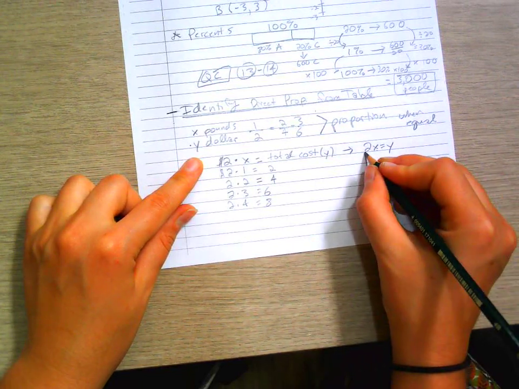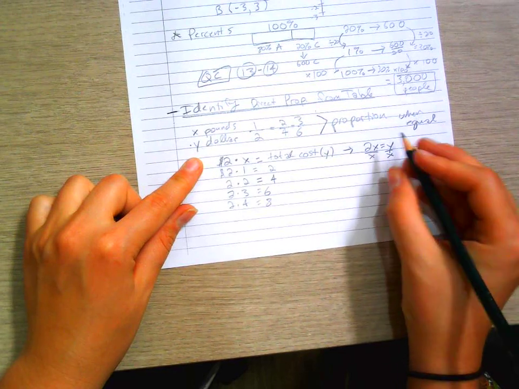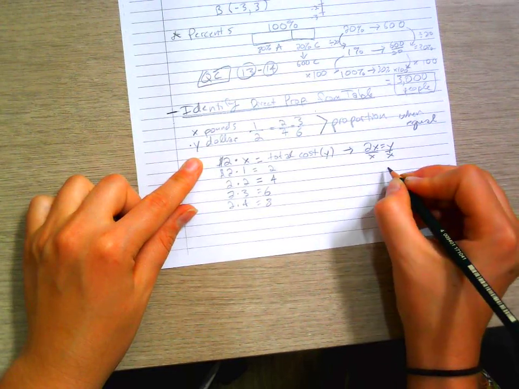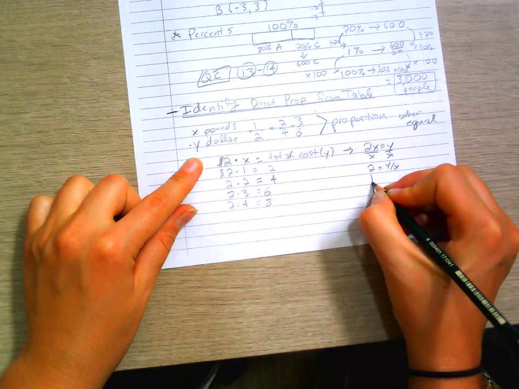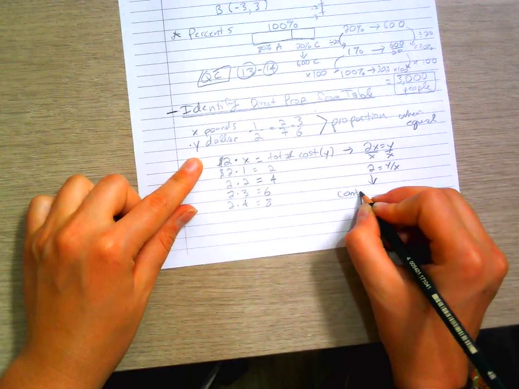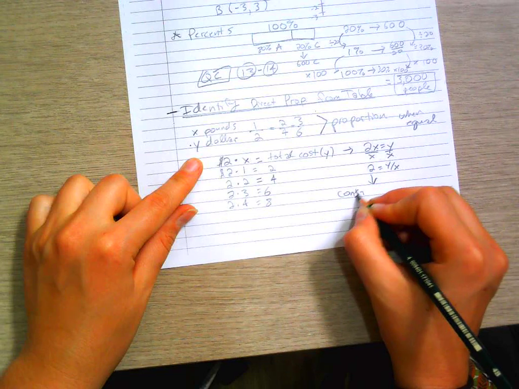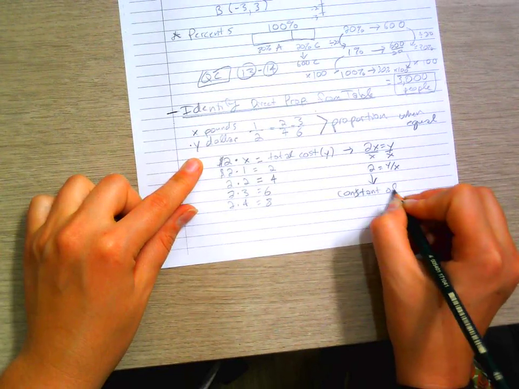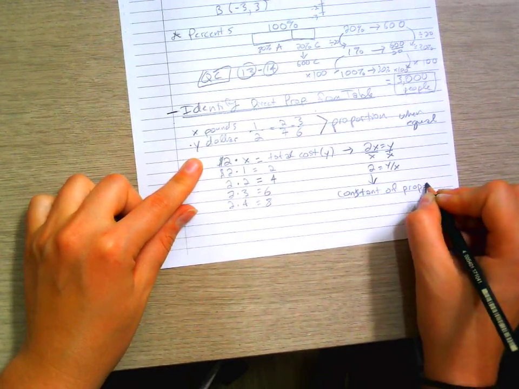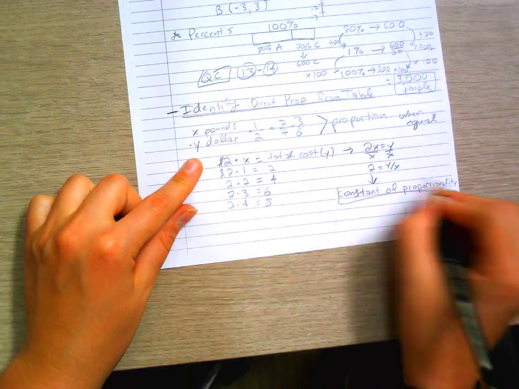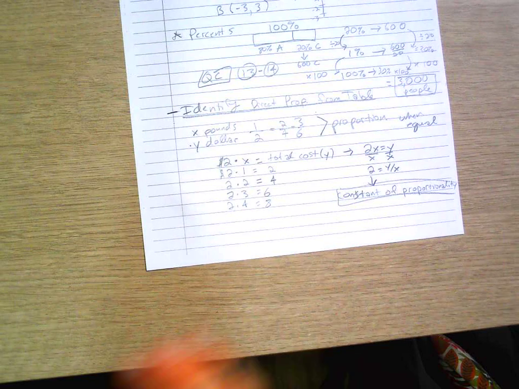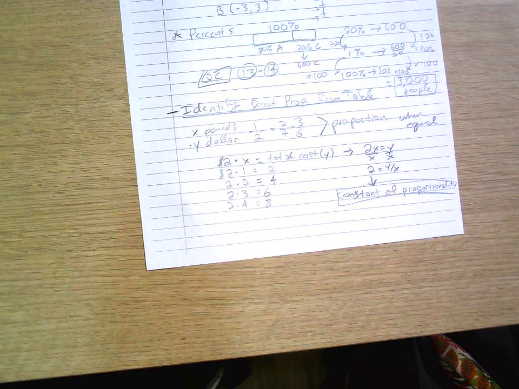So if we divide both sides by x, that's going to give us 2 equals y over x. 2 becomes our constant of proportionality. And that's the thing that helps us to compare those two numbers. So that is the constant.